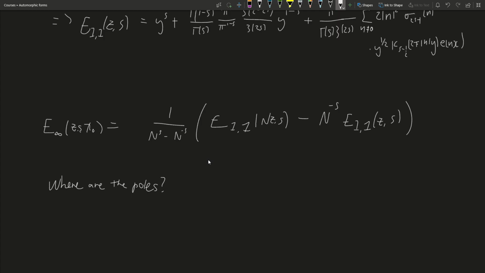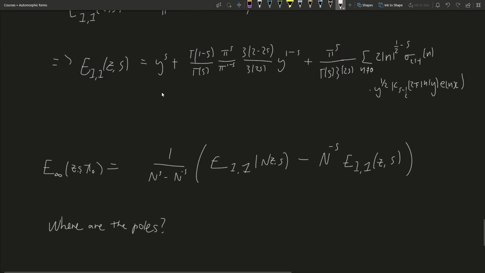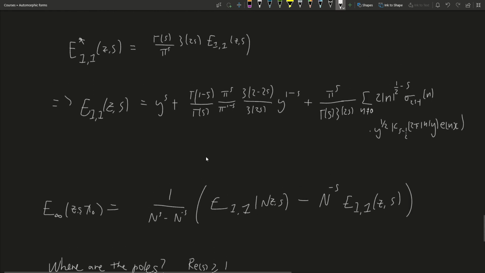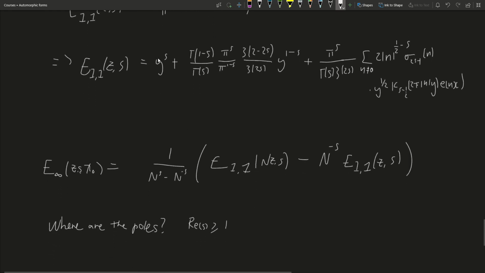So let's look at the poles that we're getting here. Let's go term by term in the Fourier expansion. And we're only going to be interested in the poles for the real part of s at least 1. And the only pole that we're going to find is when s is exactly 1. So, all right, does this term, y to the s, have any poles? No. What about here?